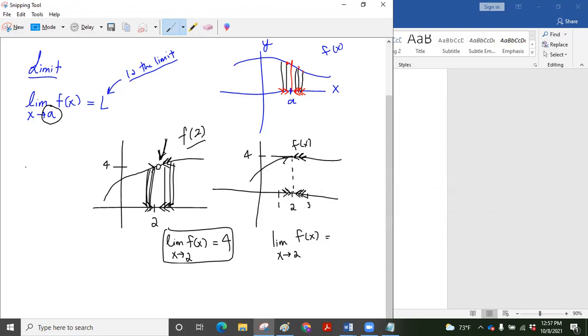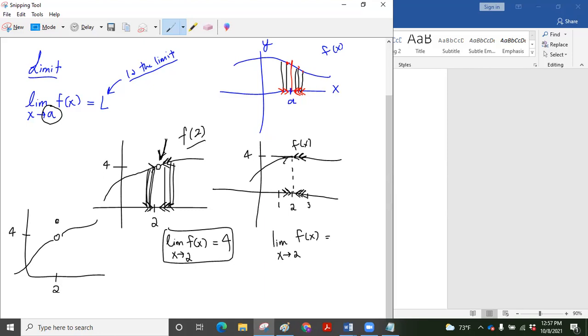Another thing that often comes up is, if you have a function, and let me put a hole in this function here. Let's say this is 2 and this is 4.